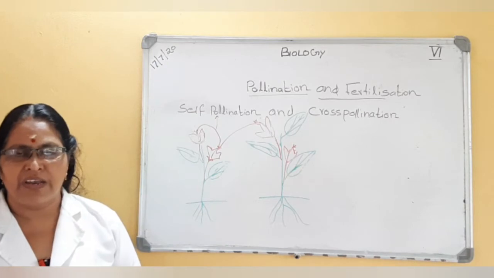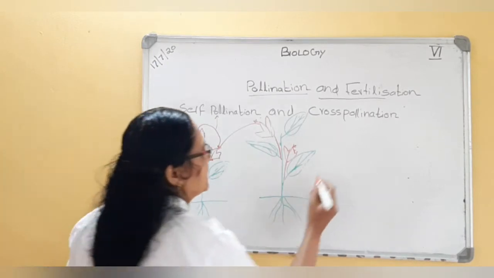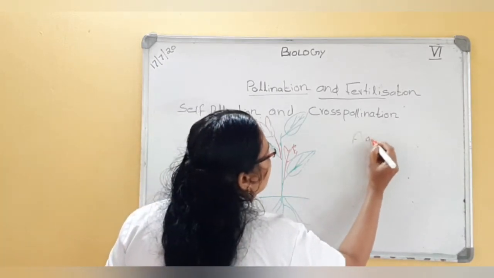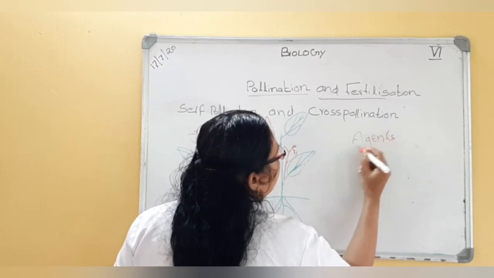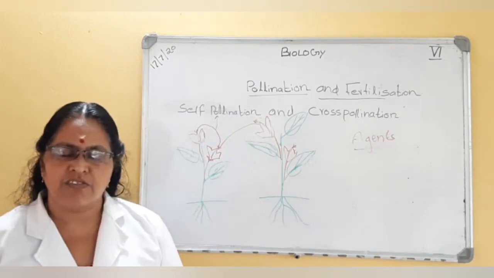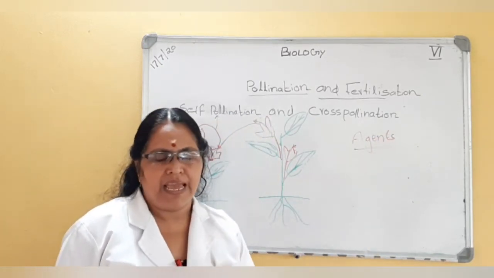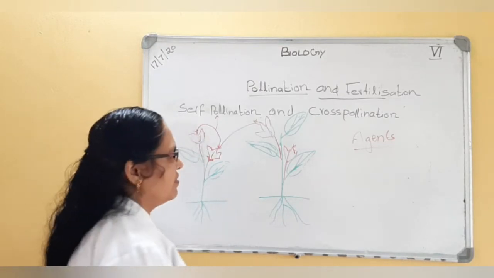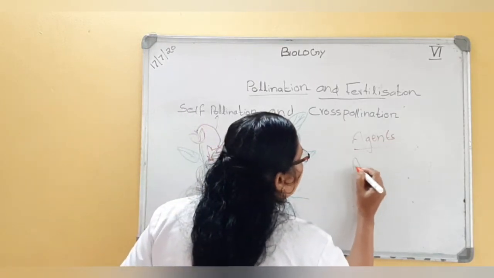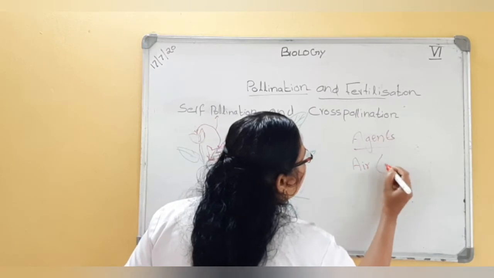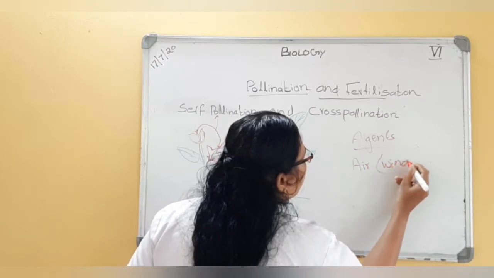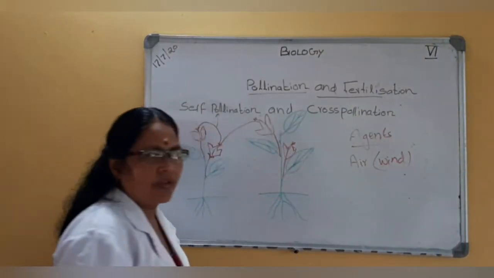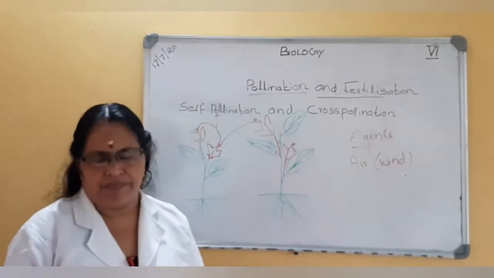So the next point is the agents of pollination. What are the various agents of pollination? The main agent is air, or we can say wind. Wind is an agent. Wind pollinated flower.